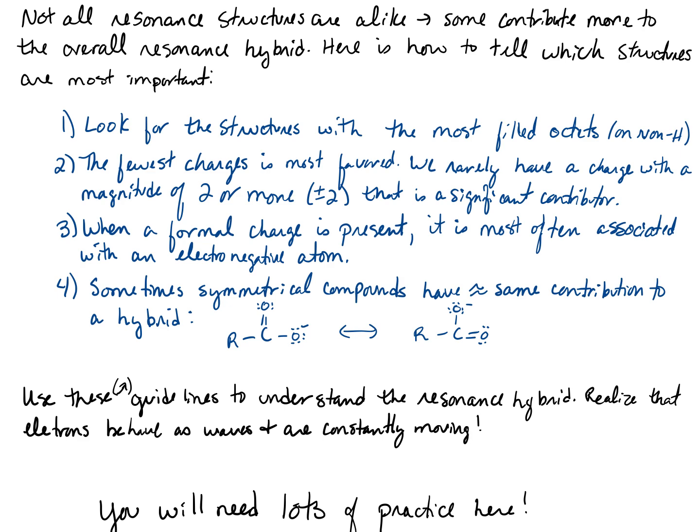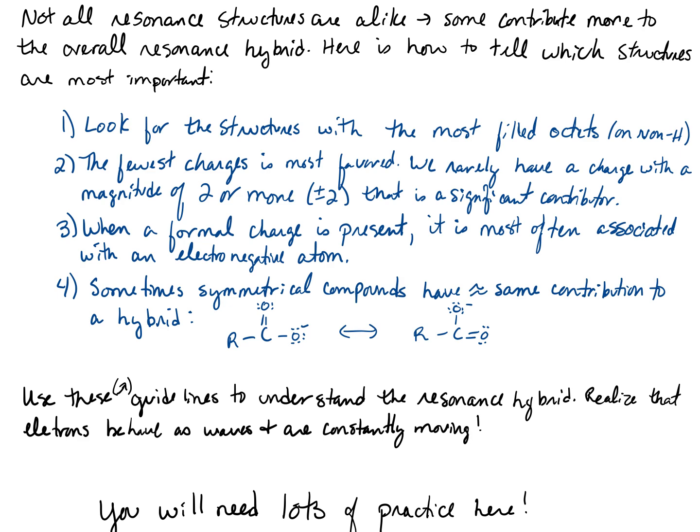Point number 2, the fewest charges is the one that's most favored. So if you have something that has 3 different atoms there and they've got charges on them, usually that's not going to happen. Remember, we want stable, and stable usually means the least amount of charge possible. So that's what we have to work towards. It doesn't mean that there aren't resonance structures with charges to them.